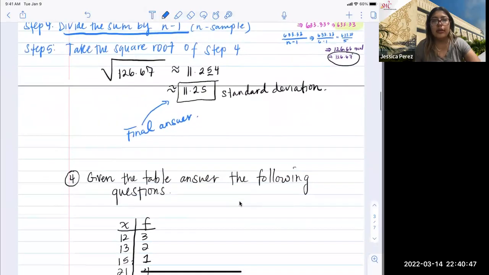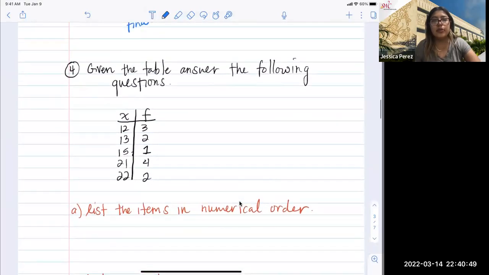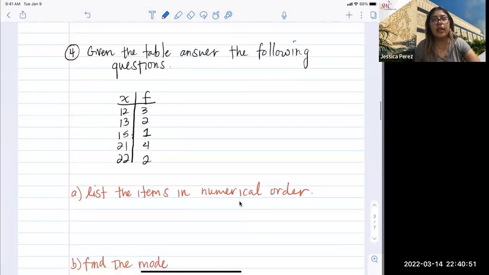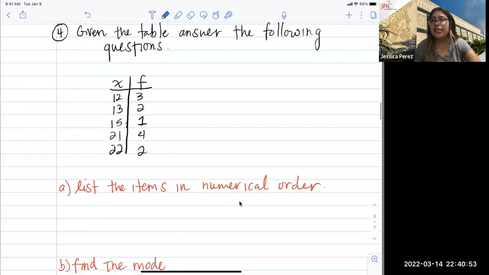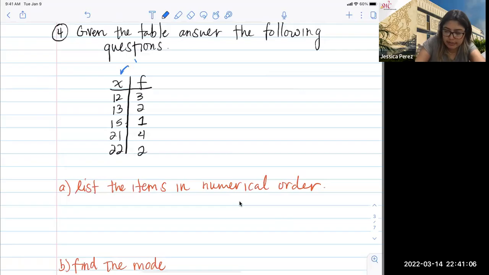All right, so the next step is, given the table, answer the following questions. This is a frequency table. We should know how to do this. We want to list the items in numerical order. So what do we have? This is the value. This is the frequency.